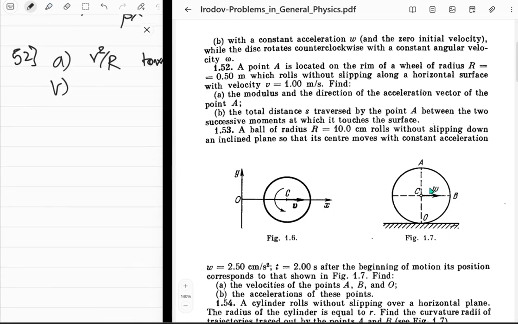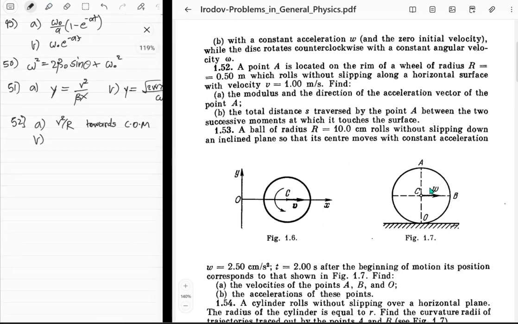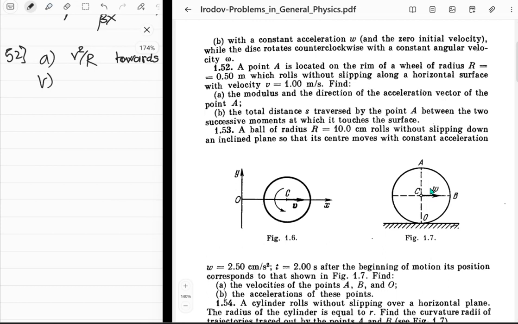So let's figure this out. The wheel's center of mass is moving with, say, velocity v. So that will have vt, r as the coordinates of this point.